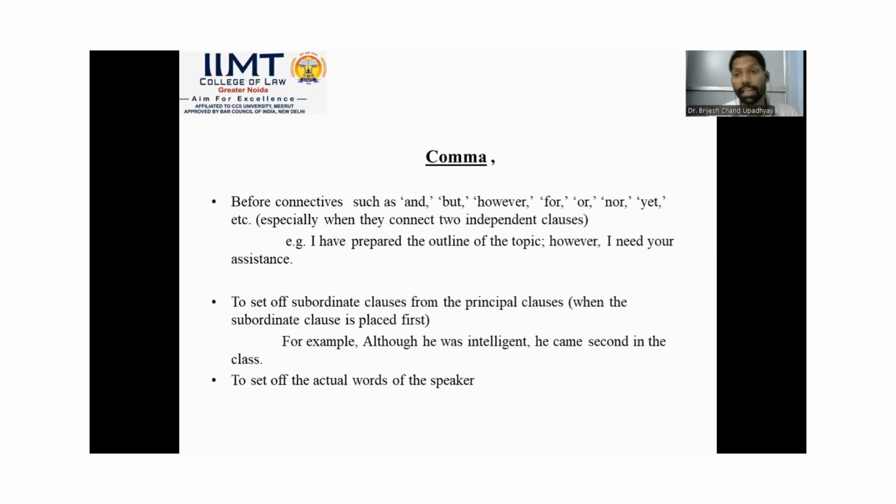When they come after a semicolon, which will be discussed later, I'll come to that, just after a semicolon, if these words come, they are separated by a comma. Next, you need to separate a list. But you need to know that these separate lists must not have comma within comma. That will be discussed later in the next slide.